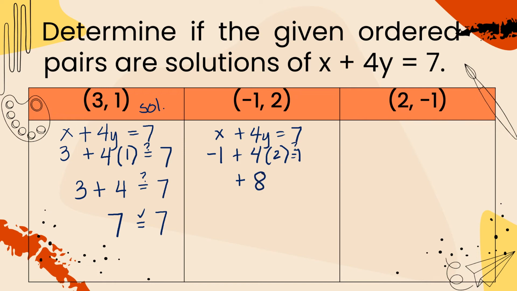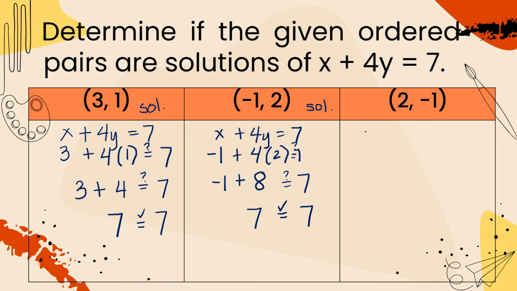Equal kaya ito sa 7. So we have negative 1 plus 8. Is it equal to 7? What is negative 1 plus 8? Correct. We have 7. Is 7 equal to 7? Correct. So therefore, negative 1, 2 is also a solution for our linear equation x plus 4y is equal to 7.